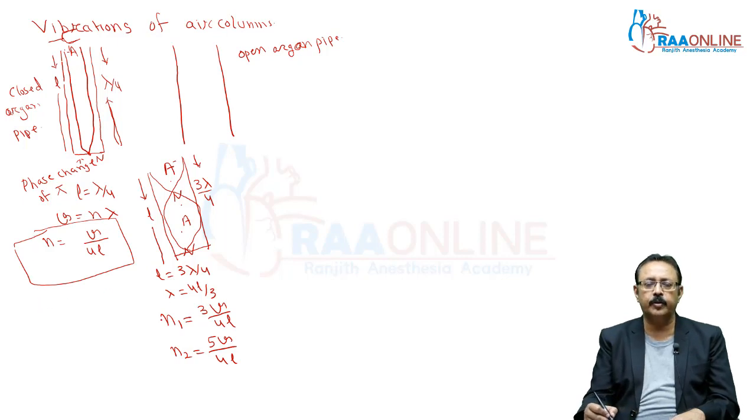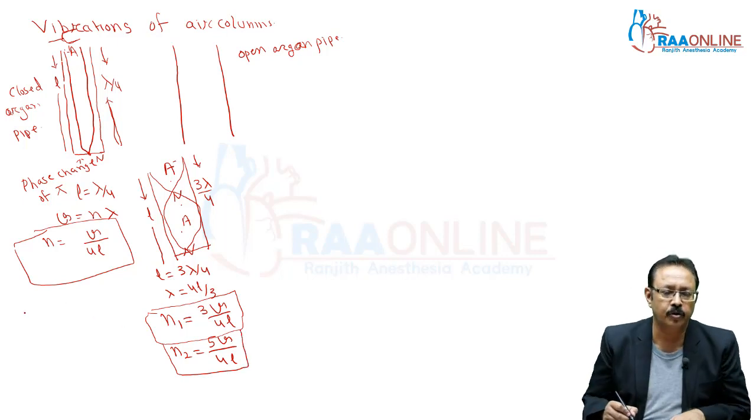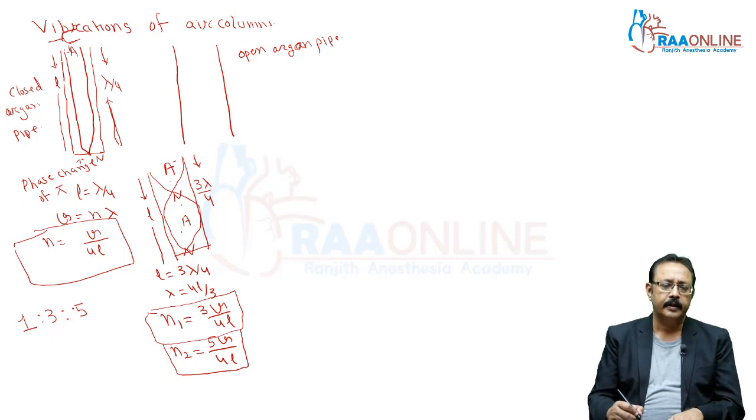The first overtone is 3 times the fundamental frequency, and the second overtone is 5 times the fundamental frequency. So the frequencies we get are in the ratio 1:3:5. So we say that we are getting only odd harmonics, only odd harmonics.